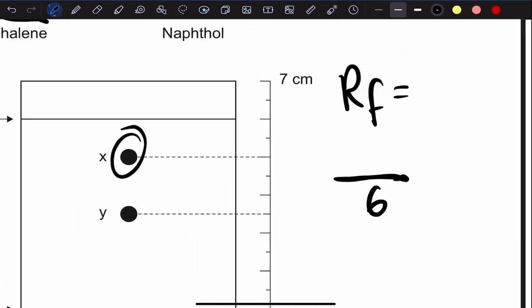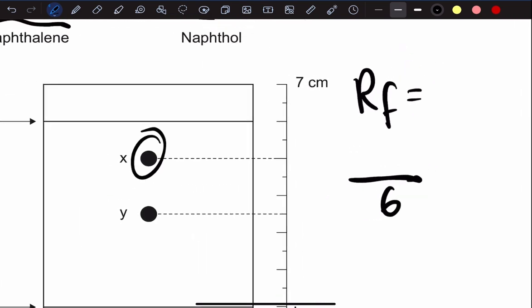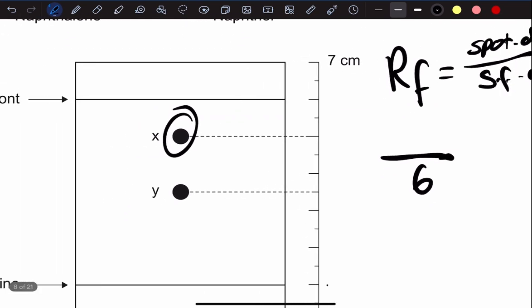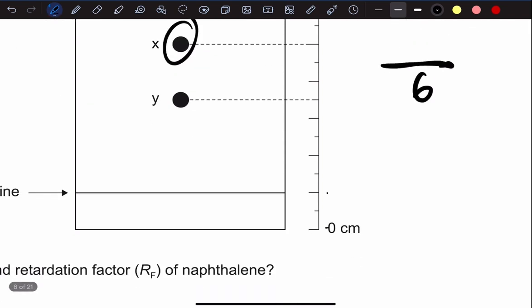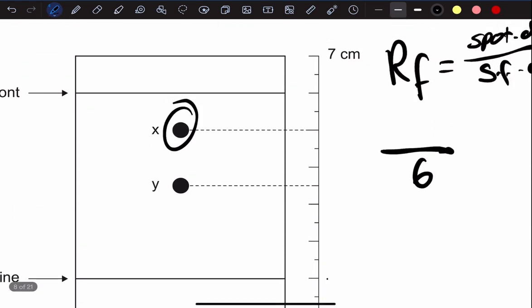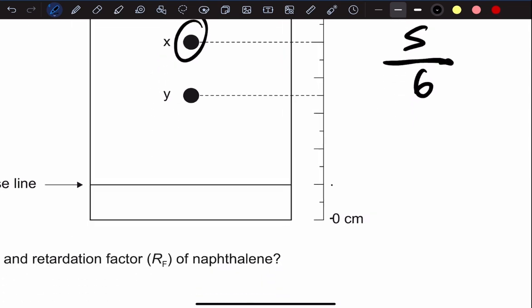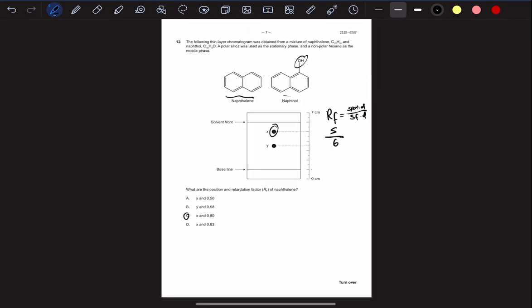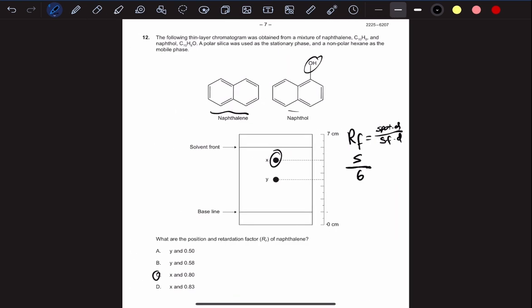RF is the distance of the spot, so spot distance, divided by the solvent front distance, SFD. The solvent front is roughly at 6, and we have our spot, which is at 1, 2, 3, 4, 5, right? 5 over 6. We know what 5 over 6 is, 0.8. There we go.